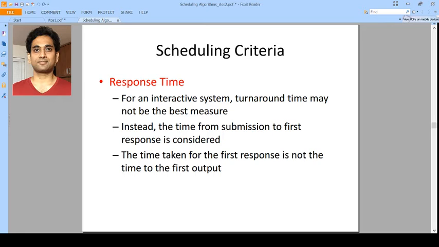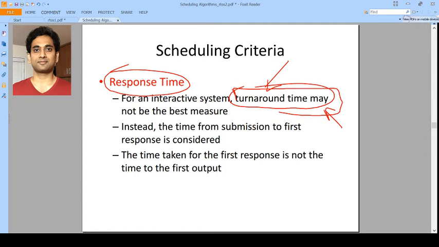Now, another scheduling criterion, in addition to throughput, turnaround time, and priority, is the response time. For an interactive system, the turnaround time may not be the best measure. In other words, for a system that has to interact with the outside world, that has to wait for events from the external world or some external factors, turnaround time may not be a good measure of its timeliness.